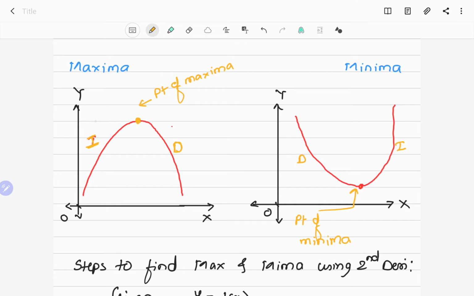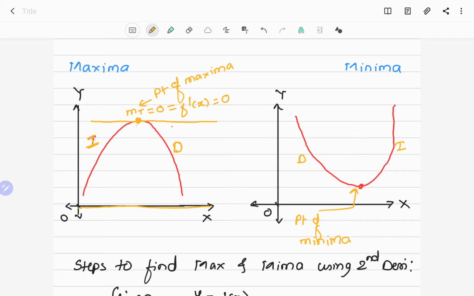At this point of maxima, we already discussed this concept in my previous videos. If you draw a tangent, that tangent is exactly parallel to the x-axis, and whenever a tangent is parallel to the x-axis, no slope exists, meaning the slope of the tangent is 0, meaning the derivative is 0 at that point.